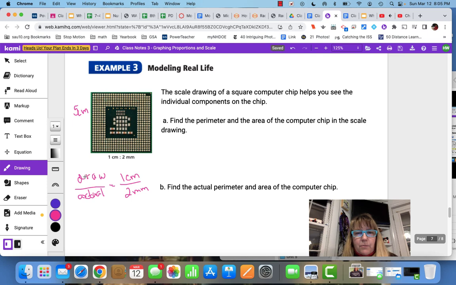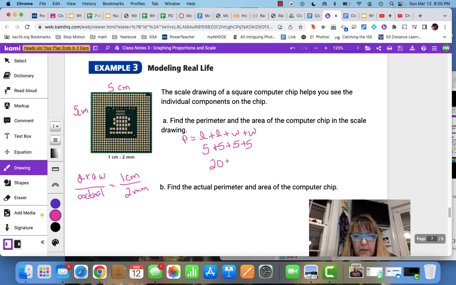So to find the perimeter and area of the computer chip in the scale drawing, I just used a ruler, wink, wink, and the perimeter is the length plus the length plus the width plus the width. And so that's 5. And this, by the way, we're going to say is also 5 centimeters because it's a square. So 5 plus 5 plus 5 plus 5 is 5, 10, 15, 20.